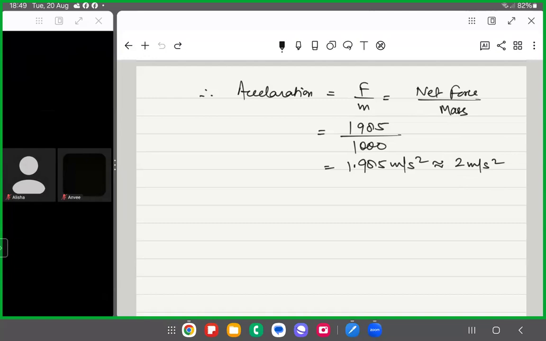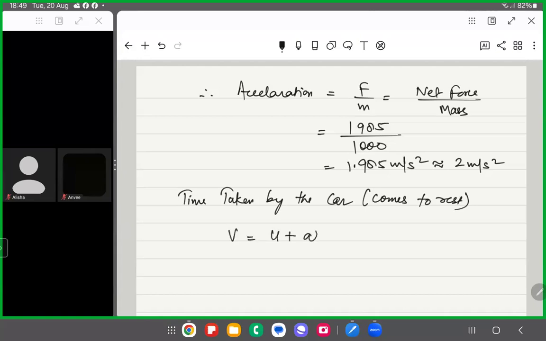Now, time taken by the car to come to rest. Again, we can use v is equal to u plus at. Now this time this acceleration is the retardation, the negative acceleration, right? So this 2 meter per second square is actually retarding, right? Okay, so we will use u minus at, taking acceleration as negative.